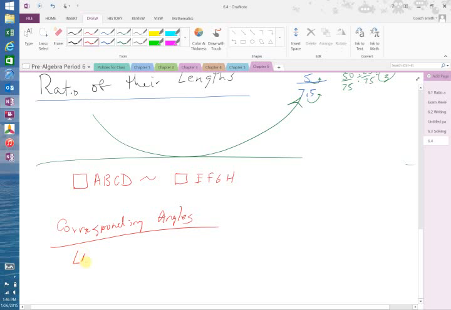Angle A and angle E, angle B and angle F, angle C and angle G, angle D and angle H. I said a while ago, the order the letters are presented in is important. It tells you which ones are the same on each figure. That's what I said.